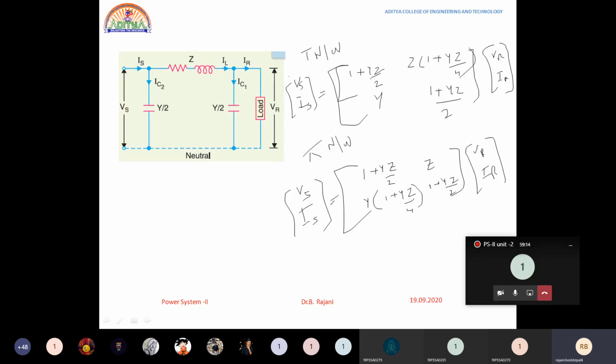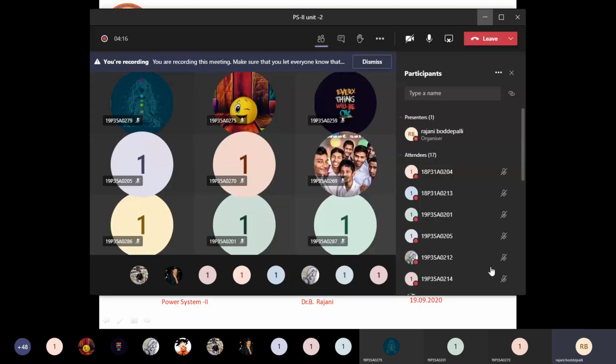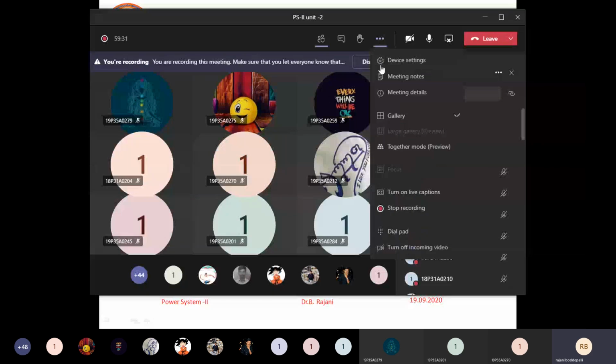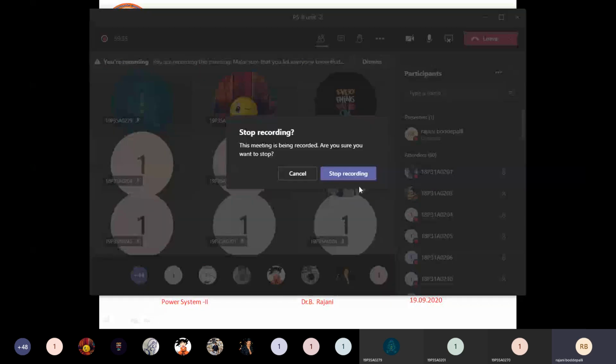That is how you solve the problems in some cases. Understood, students? This is regarding the nominal T and nominal pi methods. With this, we have completed the theoretical part, and in the next session we'll do the numericals on this.